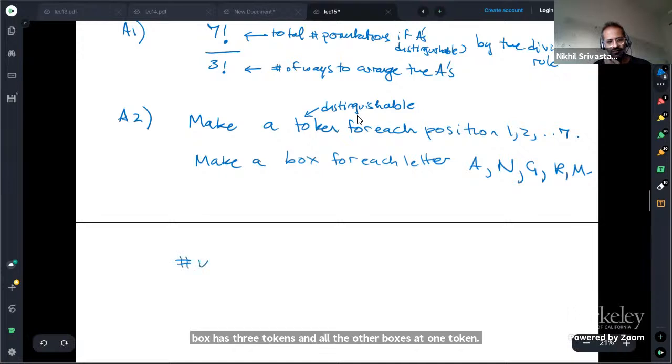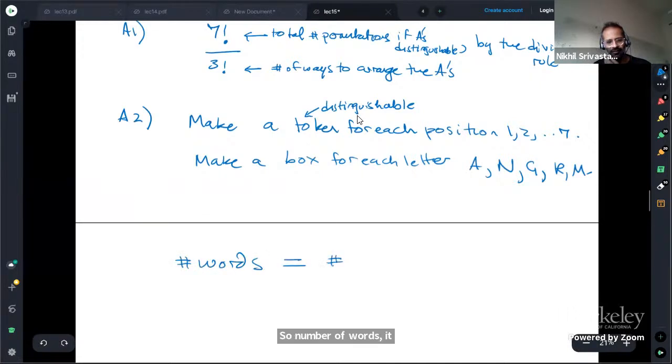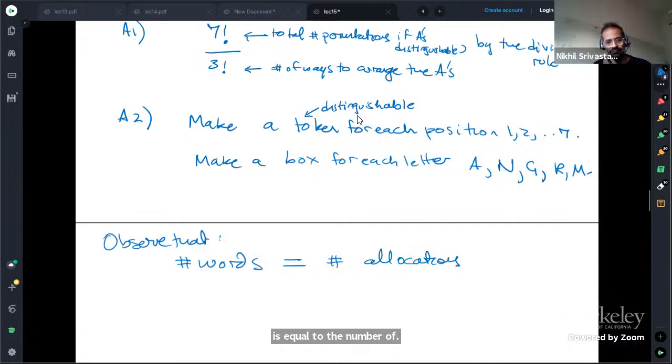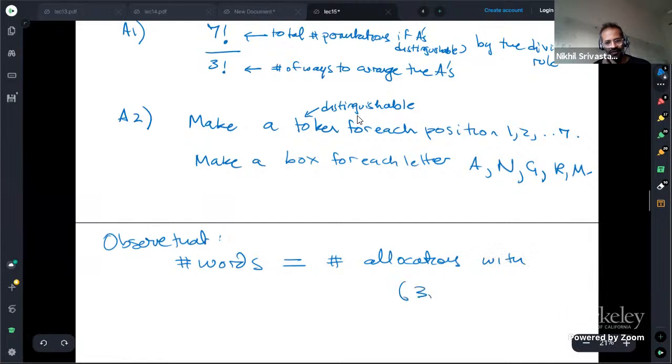So the number of words is equal to the number of allocations with 3, 1, 1, 1, 1 tokens.